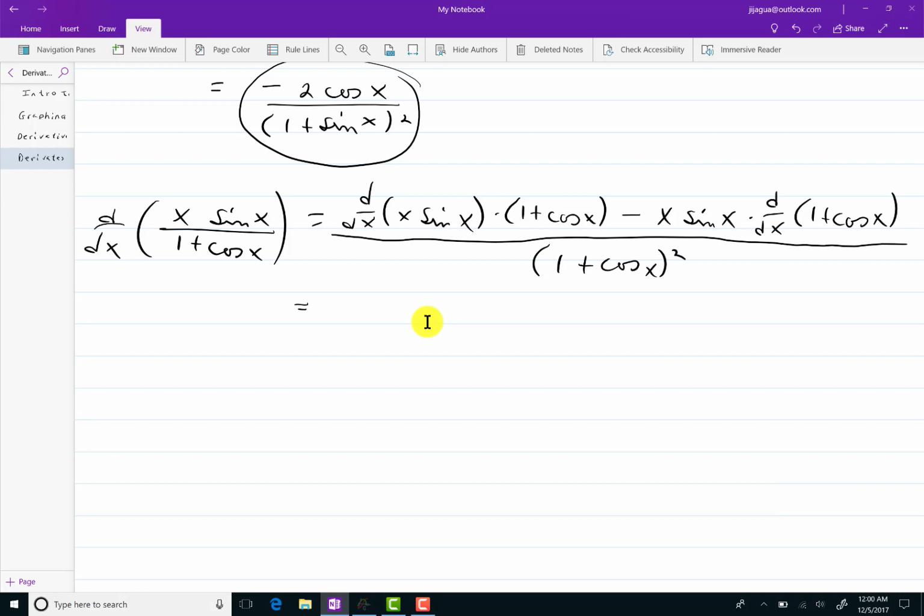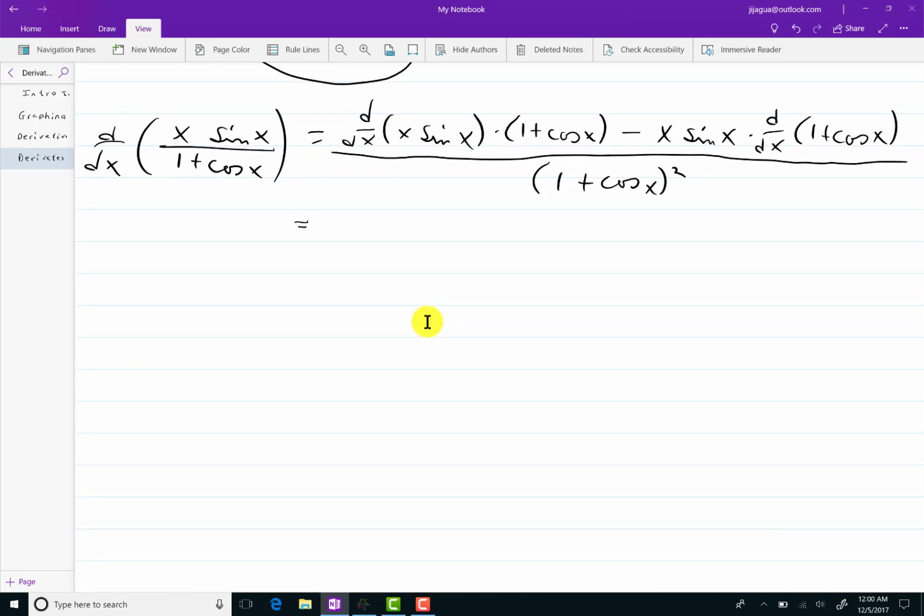Now, I don't know how much you want to do in your head, and this is one of those ones, if you look, the d over dx of x times sine of x, that is a product. And the product rule says for that piece, I should take the derivative of x times sine of x plus x times the derivative of sine of x.